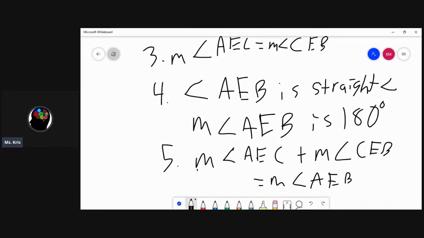So you can say it's the angle addition postulate or based on the definition of supplementary angles. And so based on the supplementary angles, we know that that equals 180 degrees.